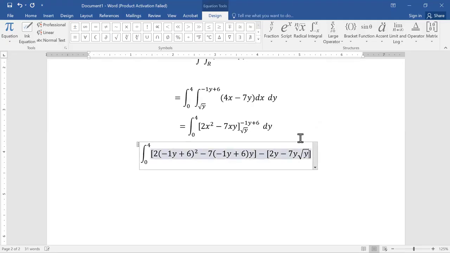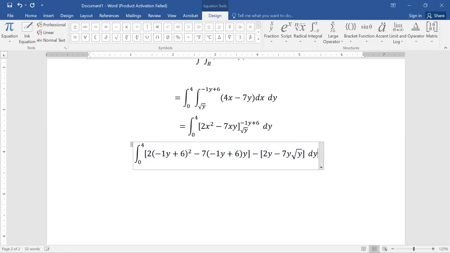I'm going to rewrite that so I don't get confused. And I'm integrating that whole thing with respect to y.